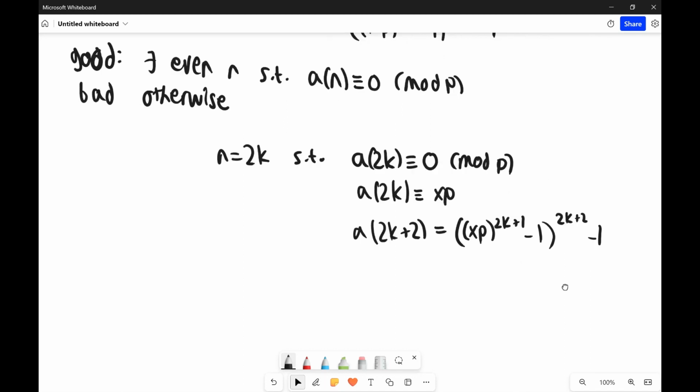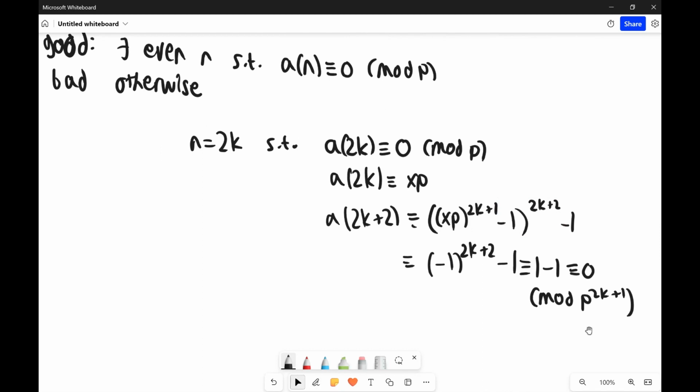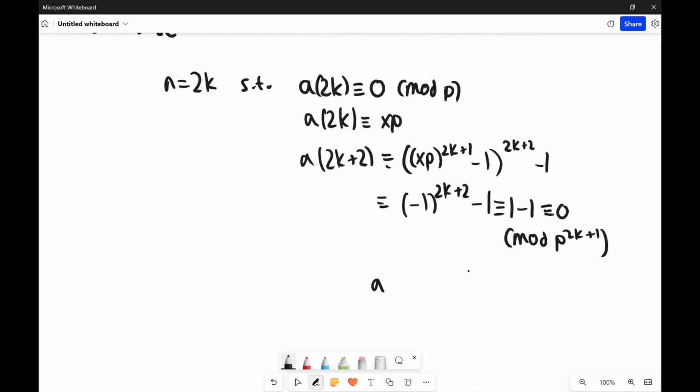Then if we take this mod p^(2k+1), inspired by the fact that we have the minus 1 stray here, this is equivalent to (-1)^(2k+2) - 1, which is equivalent to 1 - 1, which is equivalent to 0 mod p^(2k+1). And in particular, a(2k+2) is equivalent to 0 mod p.